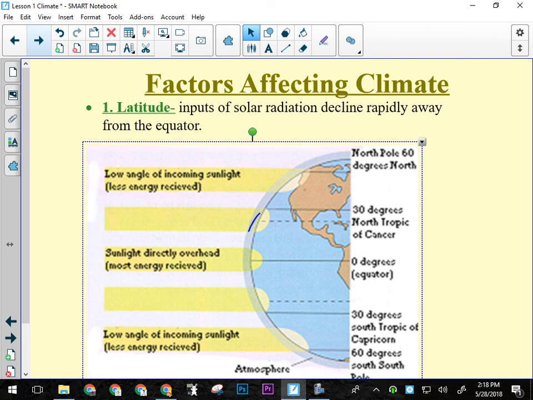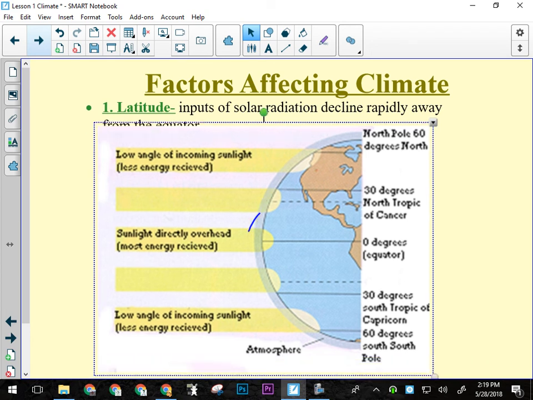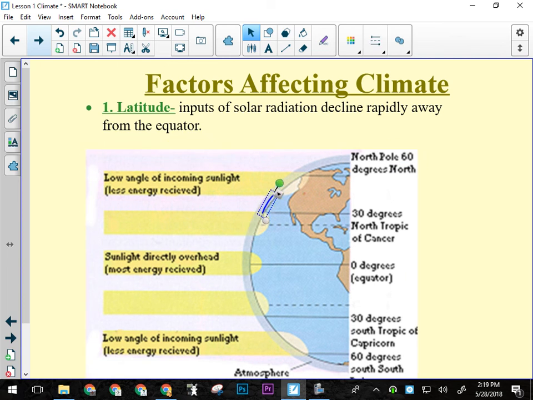So is it as intense? It's not. This would be like, right here around Mexico. We're way up here. That same amount of light is now spread over a much larger area, which is why it's much cooler here than it would be at the equator.